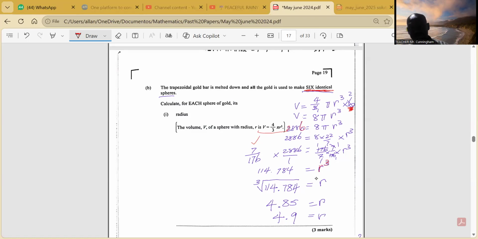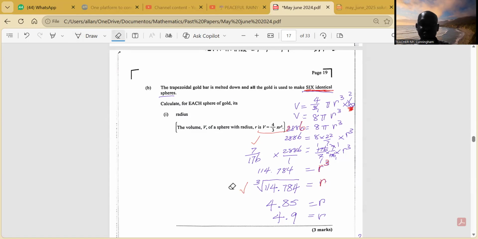So when you find r, you have to find the cube root. I hope you all know how to find cube root on your calculator. So go and do it now. The cube root of 114.784.